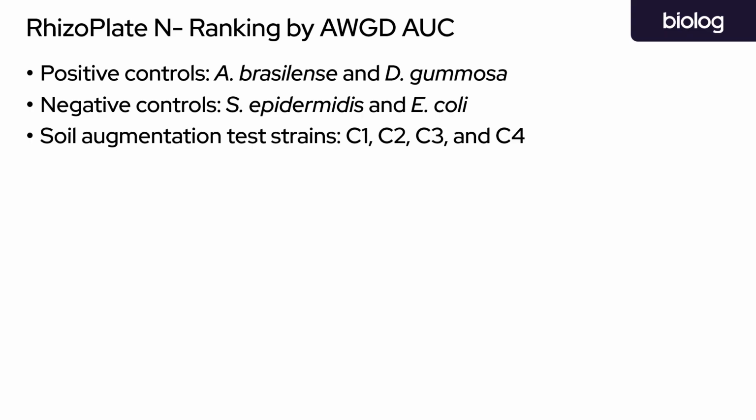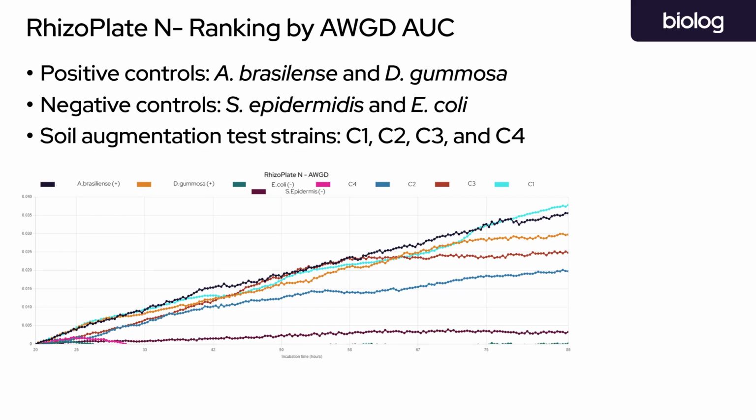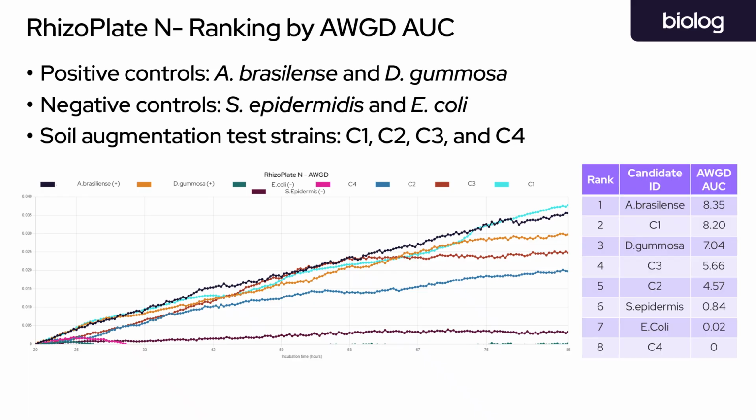So we use the Community Analysis Toolkit to plot the normalized average well growth development for each of these samples. We can clearly see that C1 and A. brasilense, here shown in black and cyan, are the top performers. Then to give us a quantitative metric, we also tabulate the area under the curve for each average well growth development curve to get a full ranking of the samples.